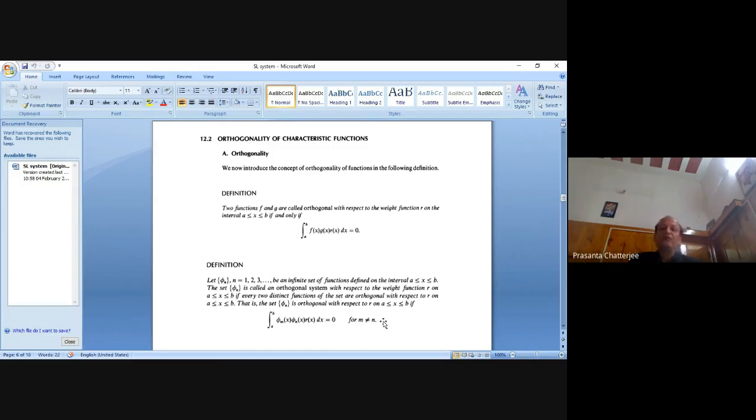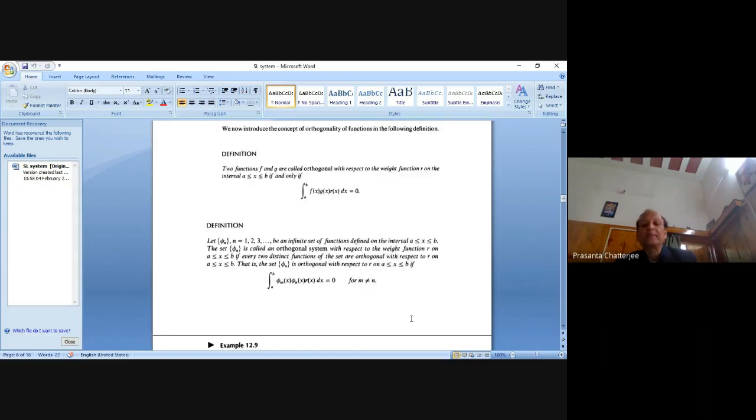Then if for any two different functions, suppose phi m and phi n, the integration from a to b of phi m(x) phi n(x) into r(x) dx equals 0 for m not equal to n, that is, for any two different functions phi m and phi n, then the set phi n is orthogonal with respect to the weight function r in the closed interval a, b.